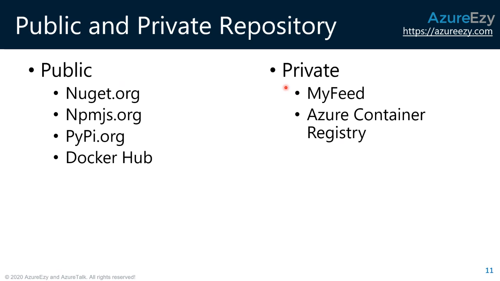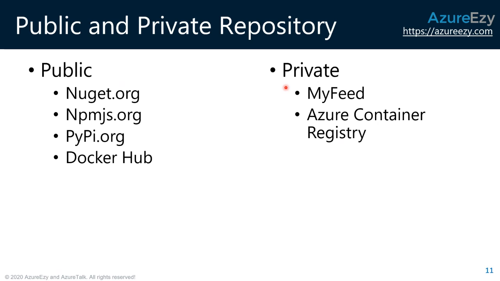Azure Artifacts is a package management system from Microsoft Azure DevOps Services, from where you can create your own package management system, and you can call it whatever you want: My Feed, custom, company feed, whatever. Then for Docker images, suppose you are customizing them, adding your on-premise company applications, Dockerizing it, and then you want to host it on a Docker repository system.